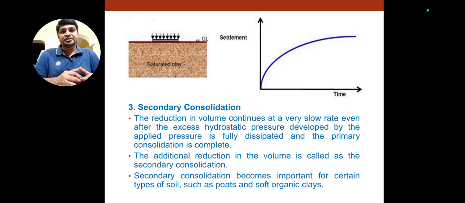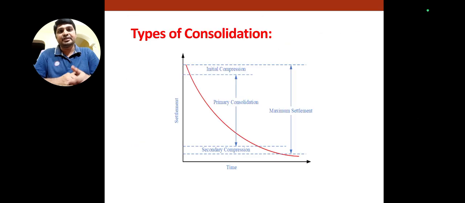Secondary consolidation is also a reduction of the volume of the soil mass, and another expulsion of the water takes place. An additional reduction of water takes place while secondary consolidation is happening. So this is the difference between primary consolidation, secondary consolidation, and initial compression or consolidation.